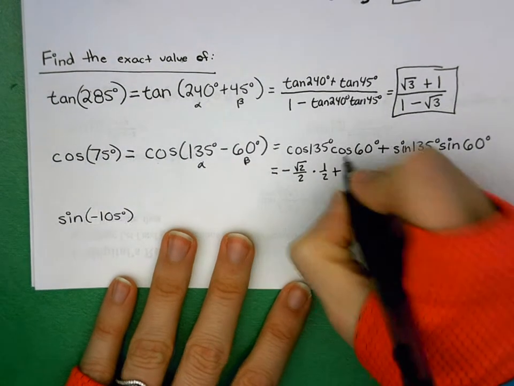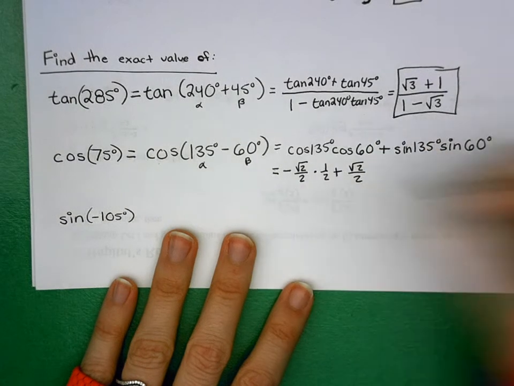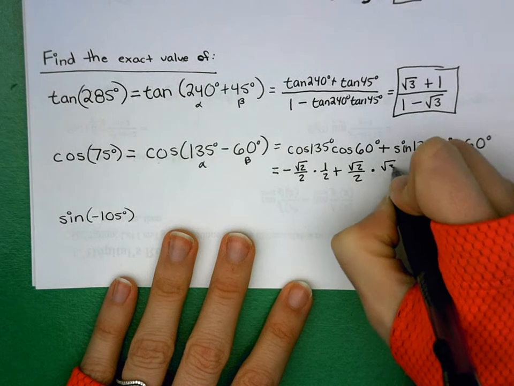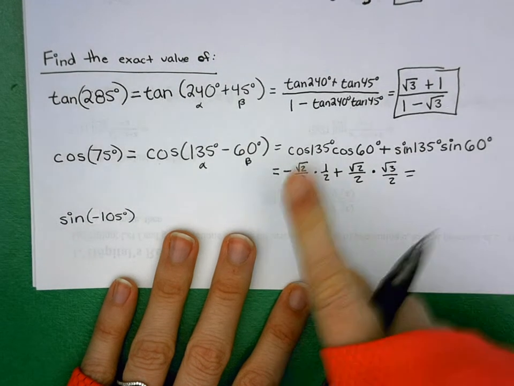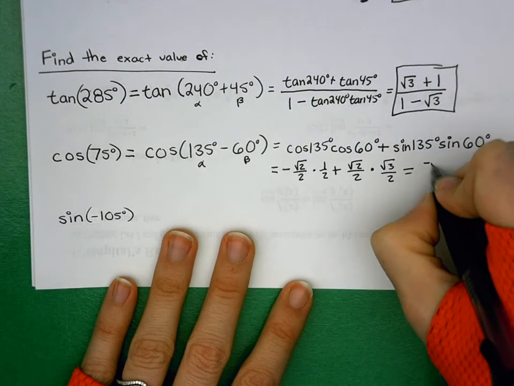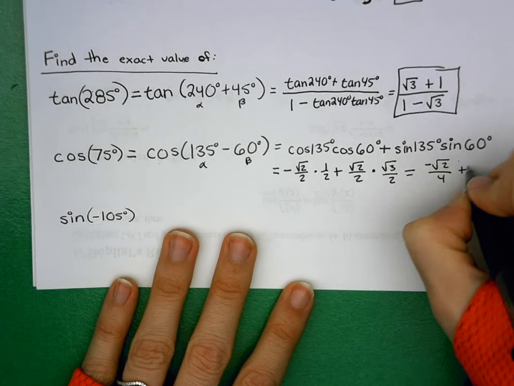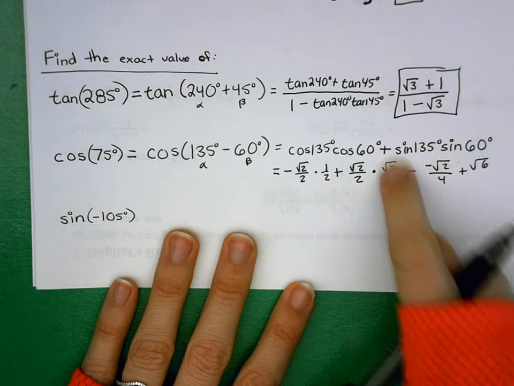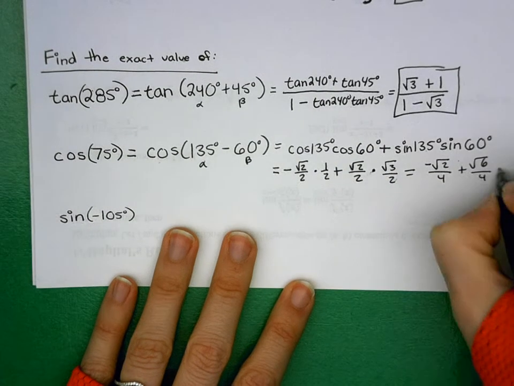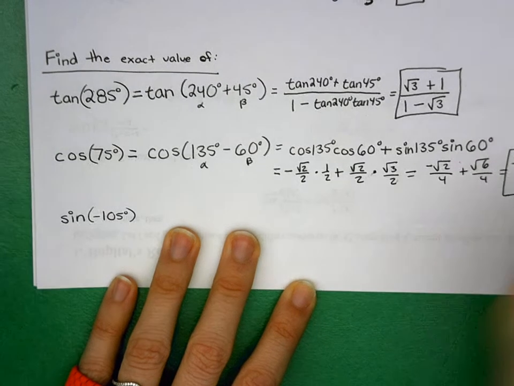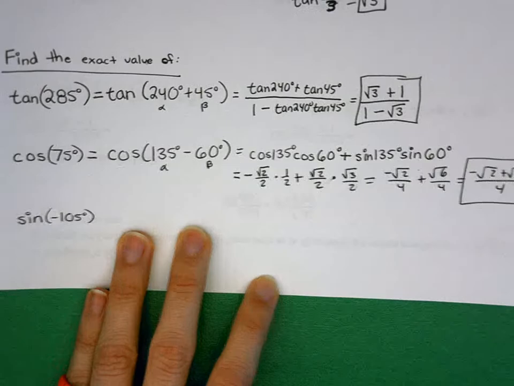And then root 2 over 2 because it's the 45-degree angle. Sine of 60 is root 3 over 2. And so then simplifying this, we have negative root 2 over 4 plus root 6 over 4, which simplifies to negative root 2 plus root 6 over 4.